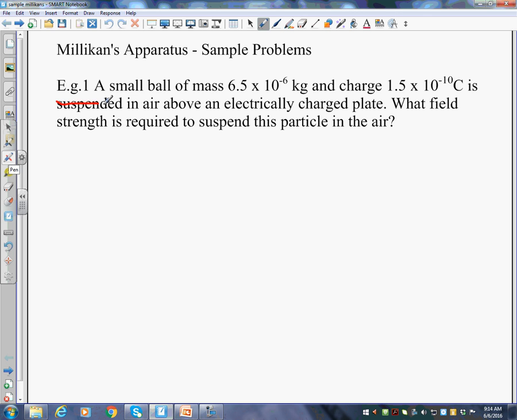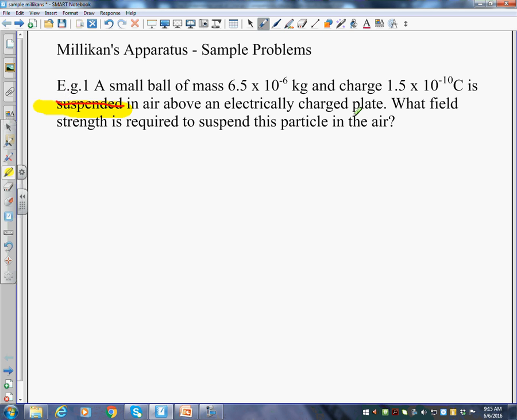Look for that word suspended. It means something special. It means that the forces are balanced or equal. It's like constant velocity in the other ones. What field strength is required to suspend this particle in the air?